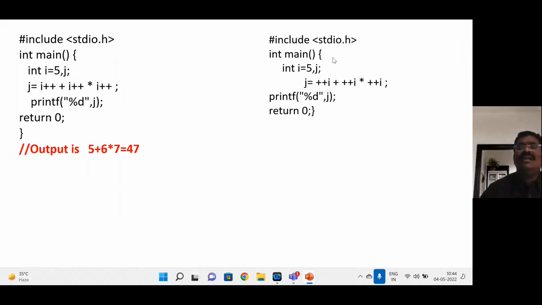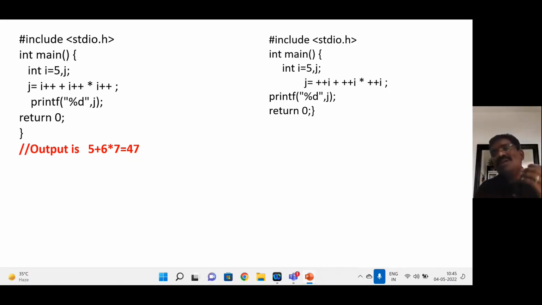So the second one, you see the same values, but here I am using pre-increment. The same program with pre-increment: #include <stdio.h>, int main, int i is equal to 5, j is equal to ++i + ++i * ++i.